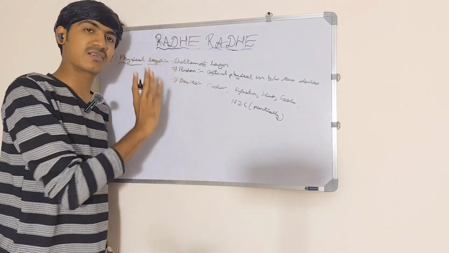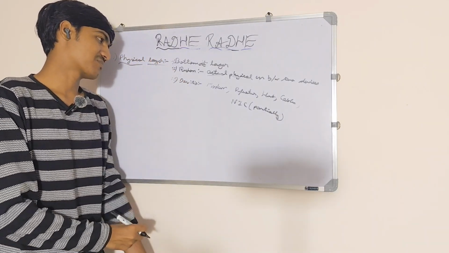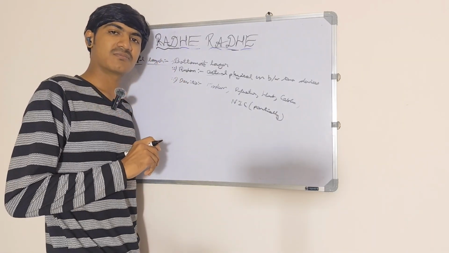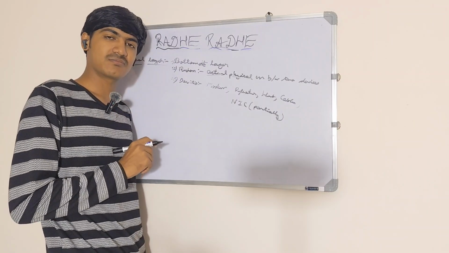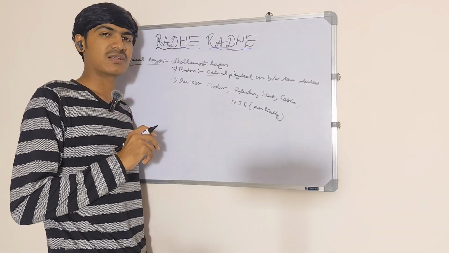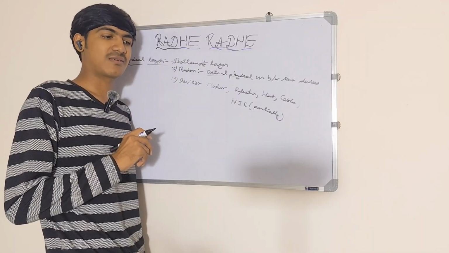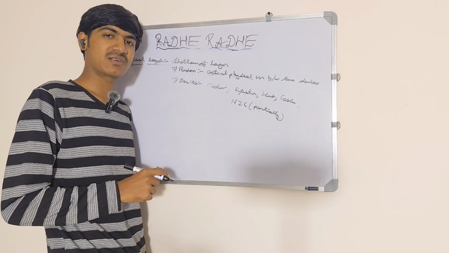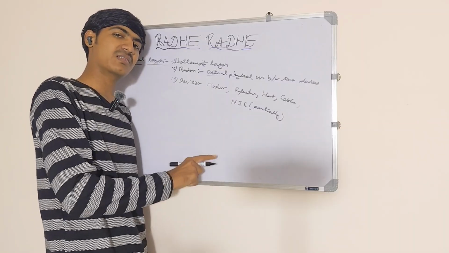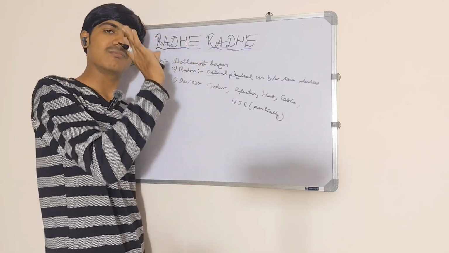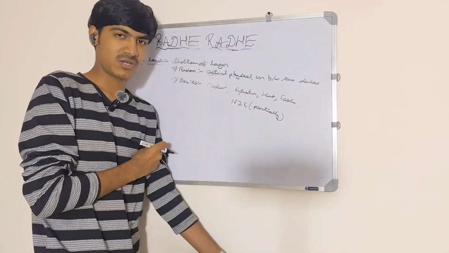NIC partially operates at the physical layer. Why? NIC is the one which transforms bits into signals, right? That is the function of the physical layer. But NIC also populates source MAC and destination MAC. That is the function of the data link layer. That is the reason it's partially physical layer, partially data link layer.